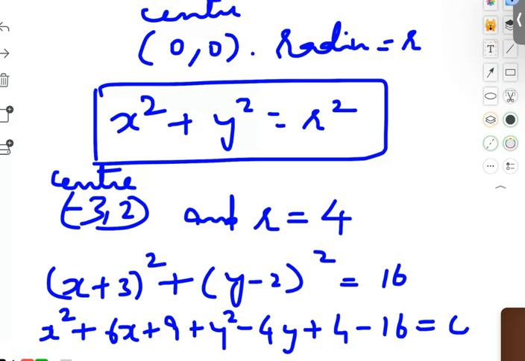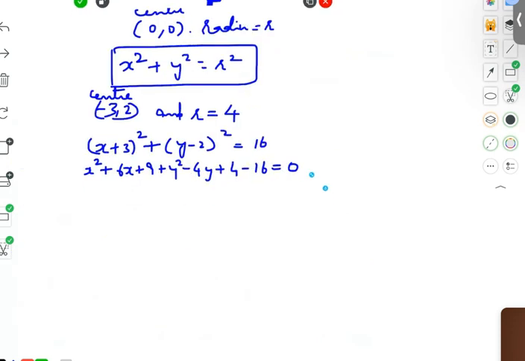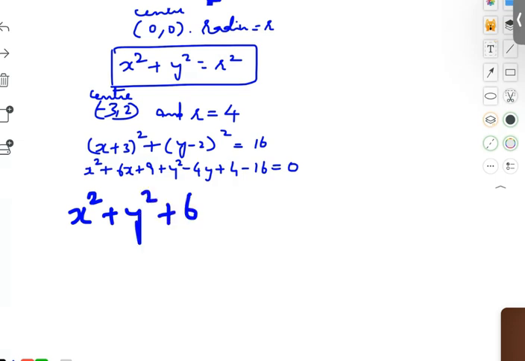Nine plus 4 is 13. 13 minus 16 is minus 3. So 4 plus y square minus 4y is equal to 3, or minus 3 is equal to 0.